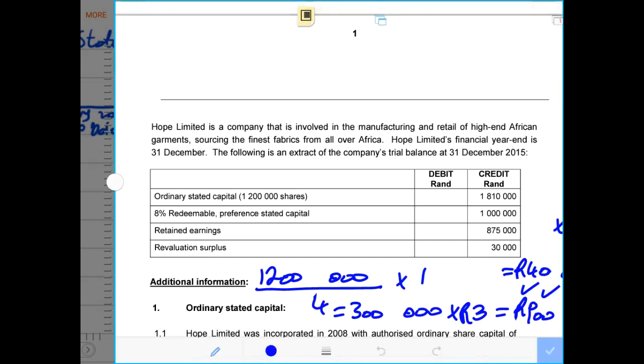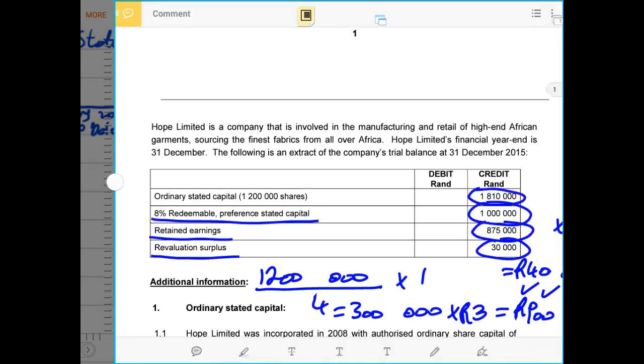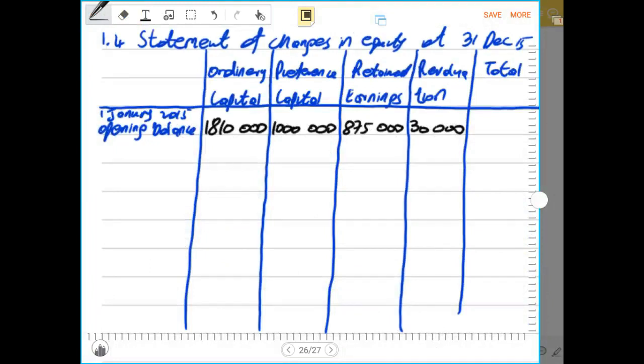There we see that we have ordinary stated capital 1,810,000, preference capital of 1 million, retained earnings of 875,000, and revaluation surplus of 30,000.